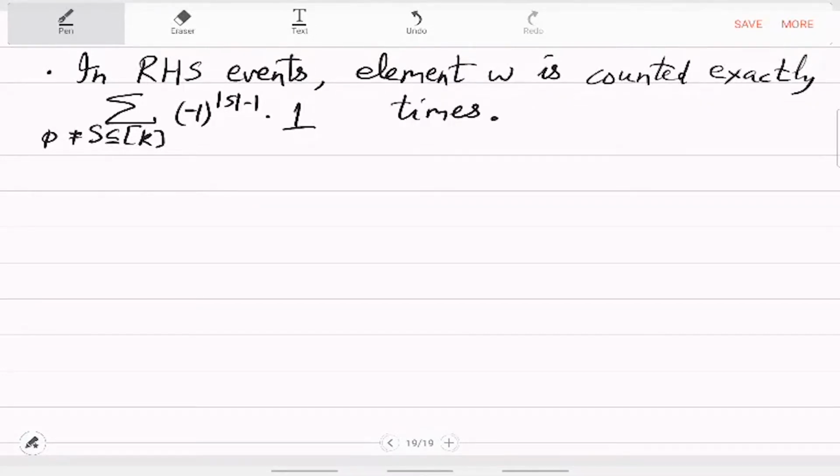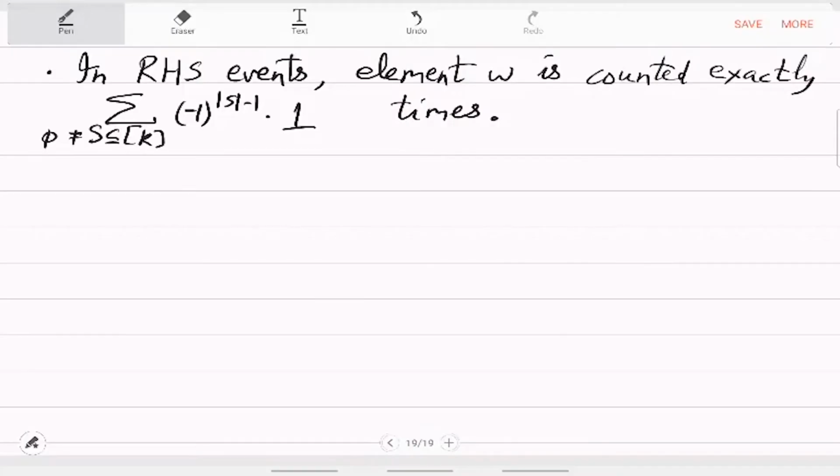It is counted these many times. That is the expression. Now, this seems to be a complicated expression. This may even be negative, it may be 0 or it may be positive. What we want to show is that this is exactly 1. That is the question. Is this 1?